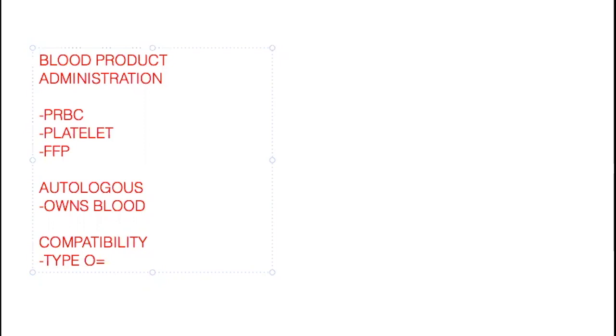Blood compatibility is important. Remember that blood type O is the universal donor. And type AB is the universal recipient.